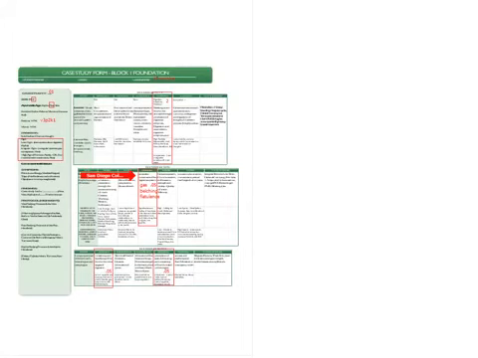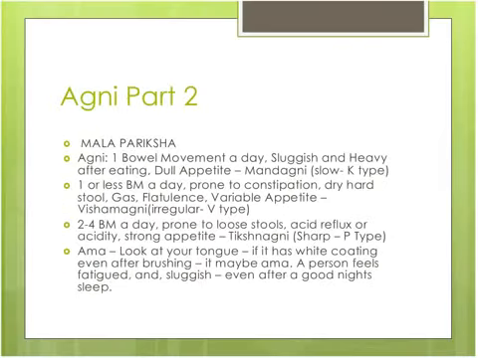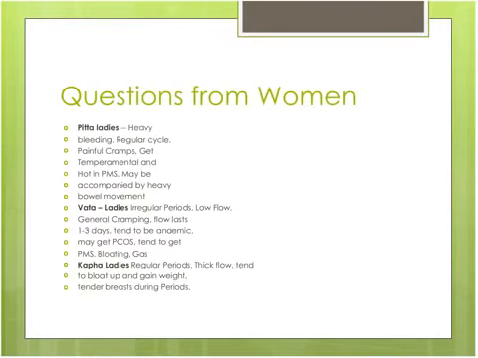Now, if it's a woman, you'll have to do the women's issues too. So let's go straight into the women's issues: the Pitta ladies, the Vata ladies, and the Kapha ladies. If it's a Pitta lady, she will usually have heavy bleeding.